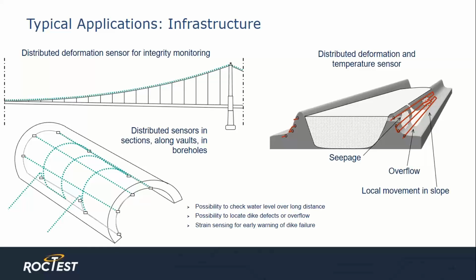Also possible monitoring areas at this bridge are the bridge deck and the tower for deformation, and strain monitoring in the vertical cable stays. Moving clockwise is a canal or perhaps a levee being monitored for physical deformation, seepage, and overflow. And finally, at the bottom left, a tunnel being monitored for wall deformation and leak detection.